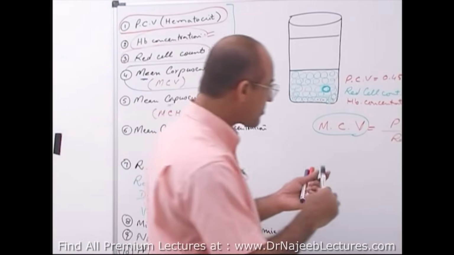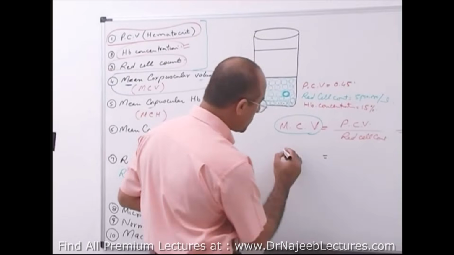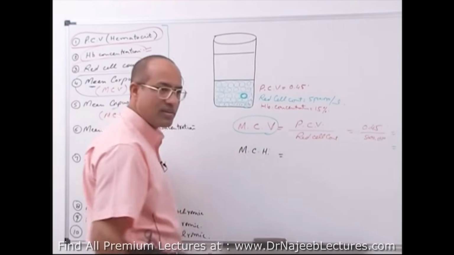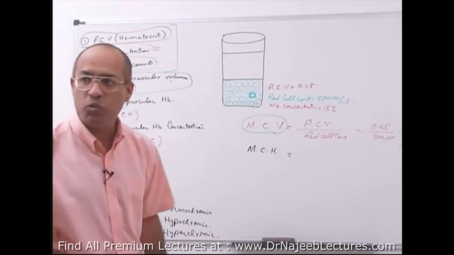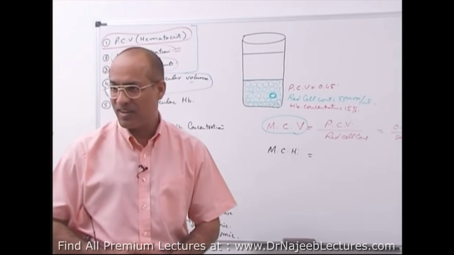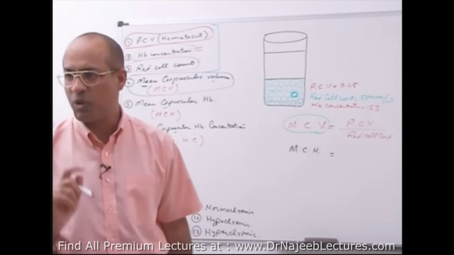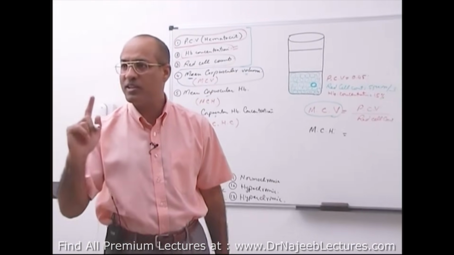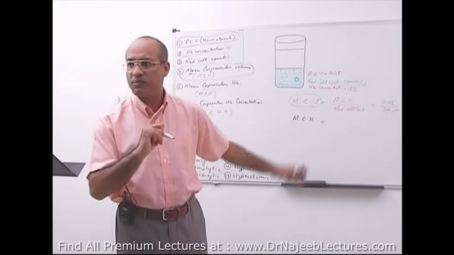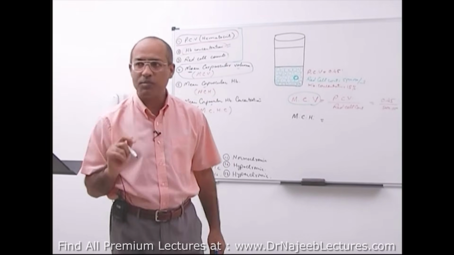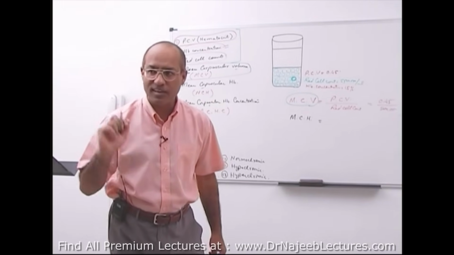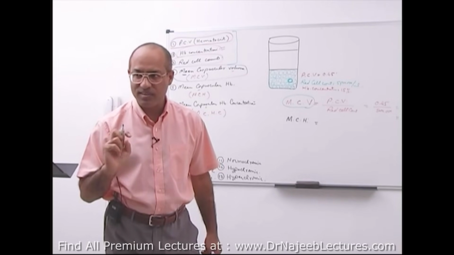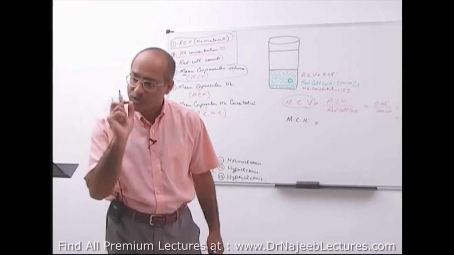If you want to know mean corpuscular hemoglobin, the hemoglobin present in one corpuscle, now we are talking about the amount of hemoglobin, not the volume of red blood cells. We already know that a healthy RBC has a volume of 90 femtoliters.